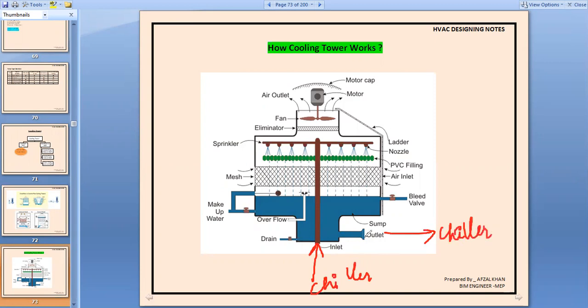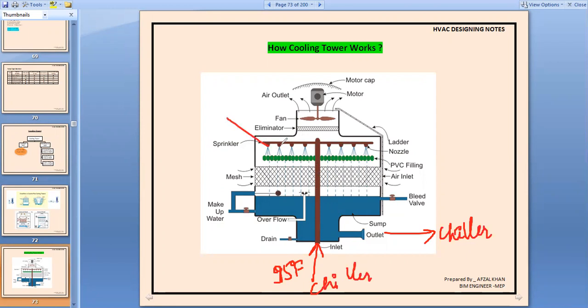Next, when the water is at, say, 95 degree Fahrenheit, which is a standard temperature that we maintain, 95 degree Fahrenheit inlet temperature to the cooling tower, it goes through this header. This is your header which rotates on its own axis. On this header we have some sprinklers.